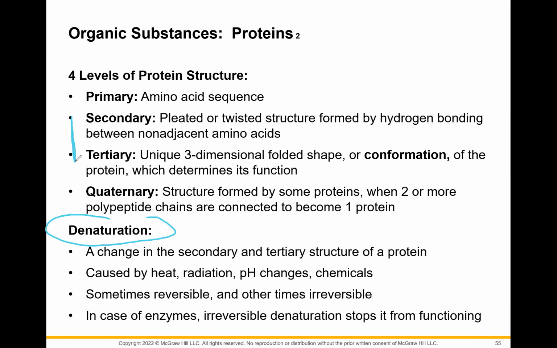And in most cases, when denaturation takes place, it's an irreversible reaction, because now that you've changed the shape, you've now also destroyed the function aspect to it. So denaturation can be reversible, but most times it's going to be irreversible, and it actually stops the protein from functioning correctly.